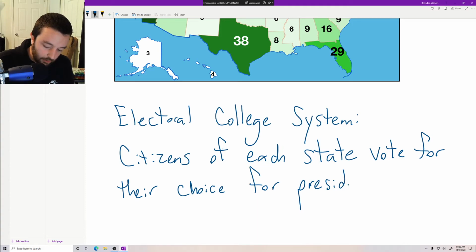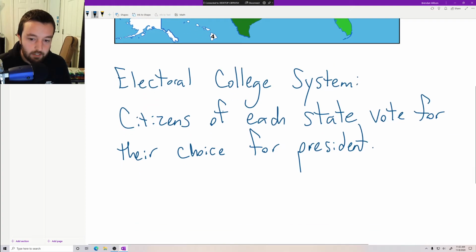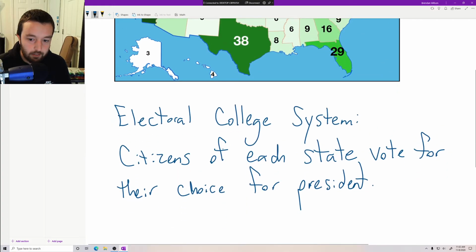Okay, so I should note this is only used for the presidency. It's not used for the Senate or anything like that. Citizens of each state vote for their choice for president.